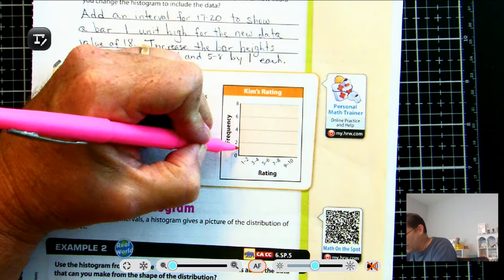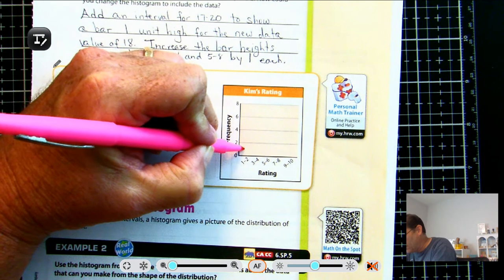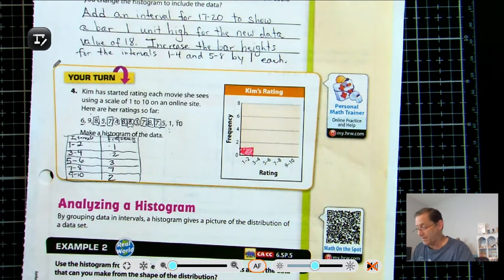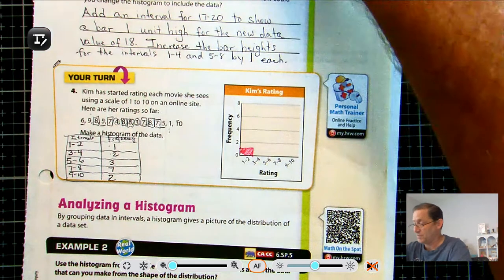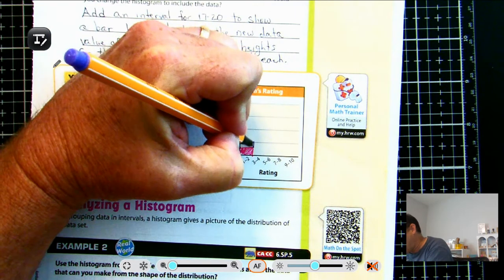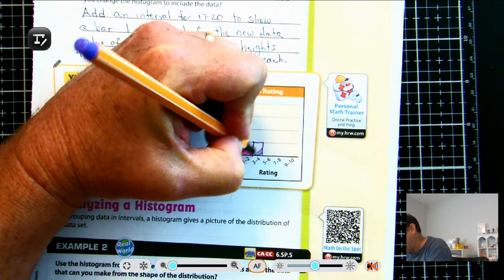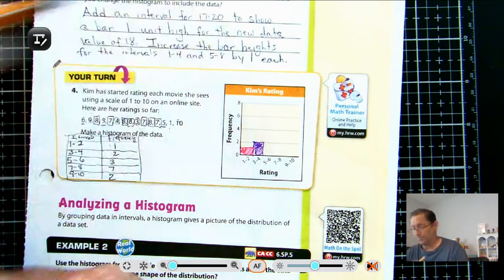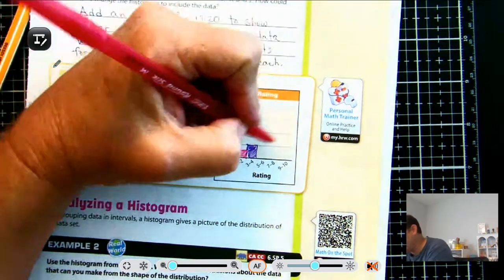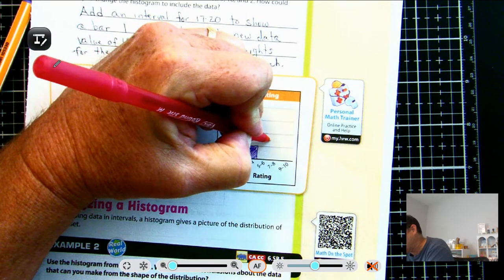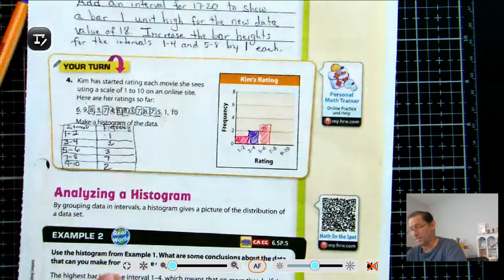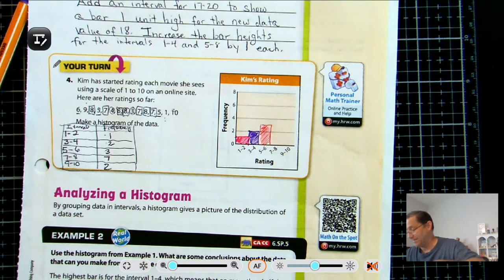Well, each line is worth 2, so we're going to be right in the middle. 3 to 4 has a height of 2. 5 to 6 has a height of 3. 7 to 8 has a height of 7.